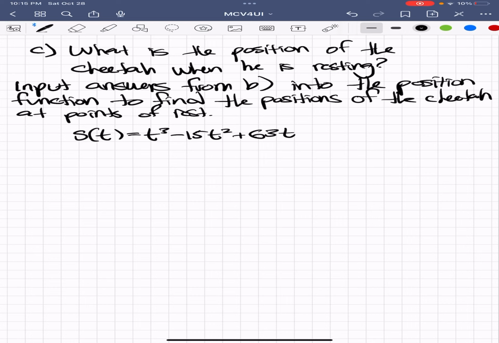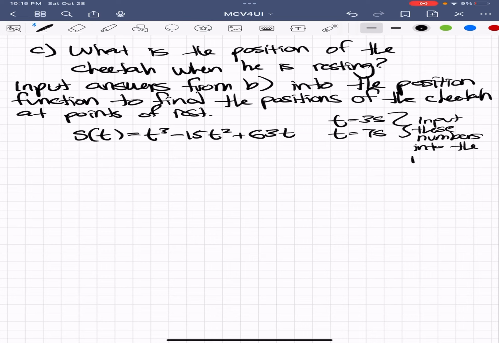And then our answers from part B were t equals 3 seconds and t equals 7 seconds. So what we're going to do is input these numbers into the position function.